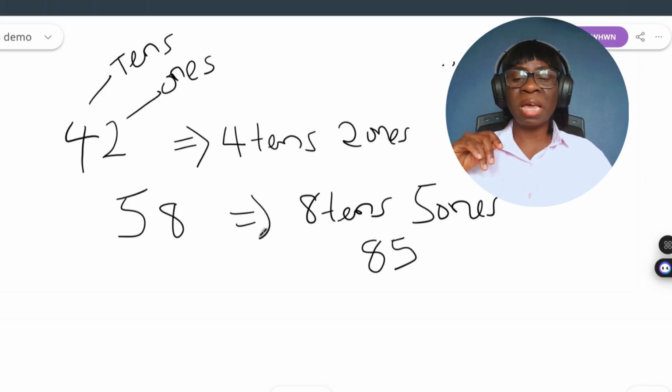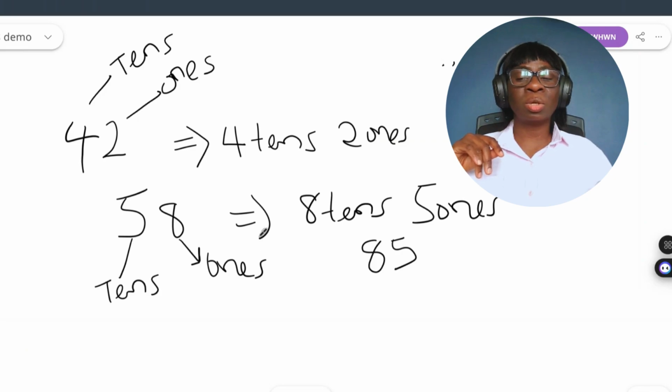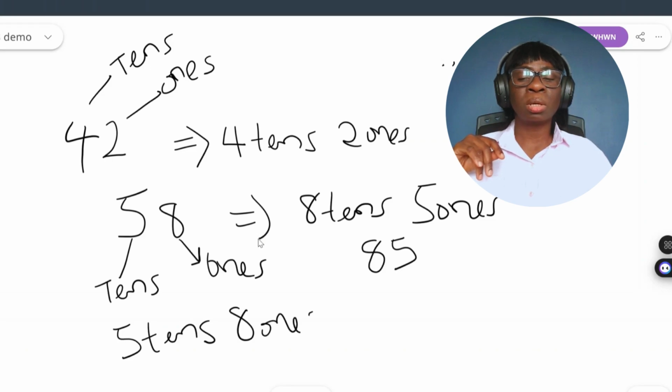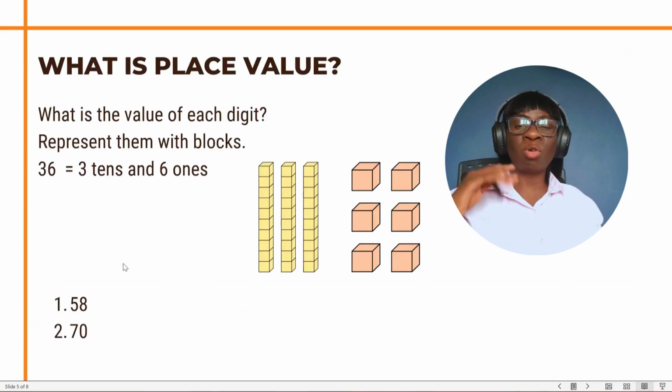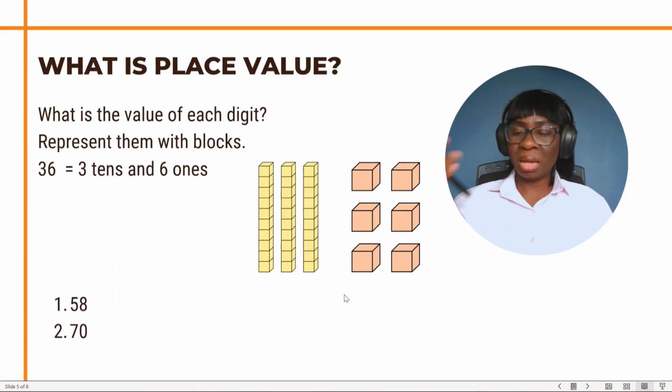So for 58, don't forget the one at the right hand side is the ones, while the one at the left hand side is the tens. So this means we have 5 tens and then we have 8 ones. So we'll be having 10 in 5 places, and we'll be having 1 in 8 places.